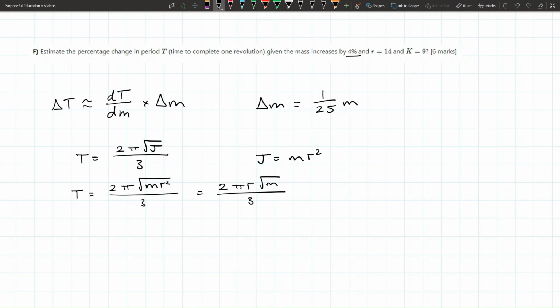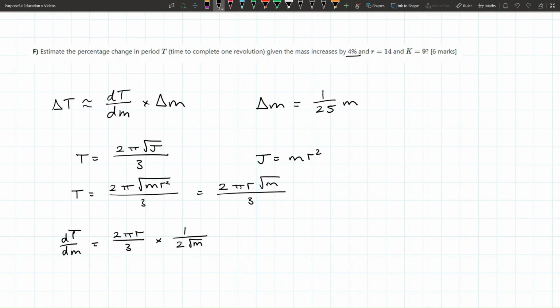Now, to find dt on dm, we take the derivative in terms of m, so the 2 pi r over 3 acts as a constant, and then the derivative of the square root of m is 1 over 2 times the square root of m.